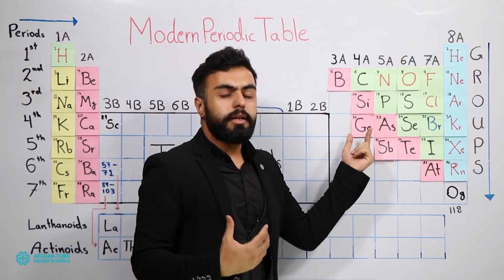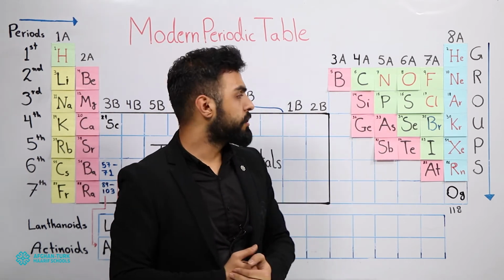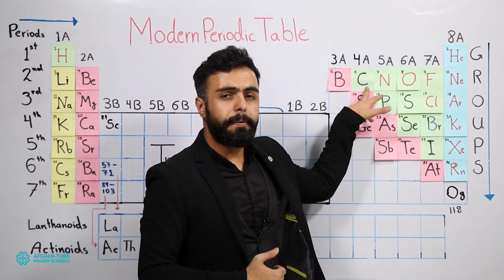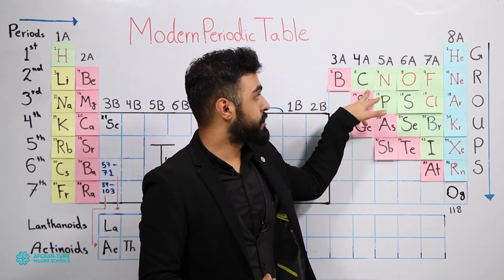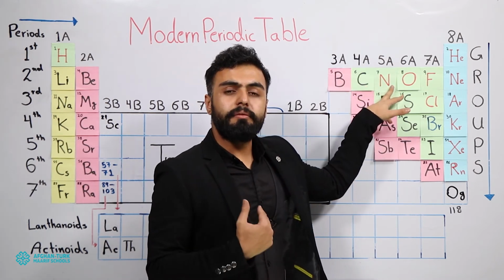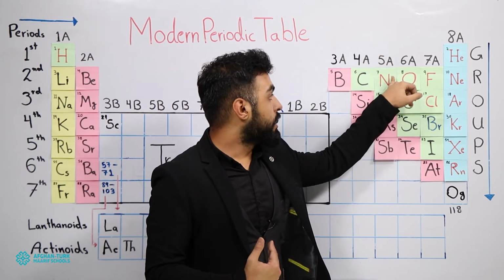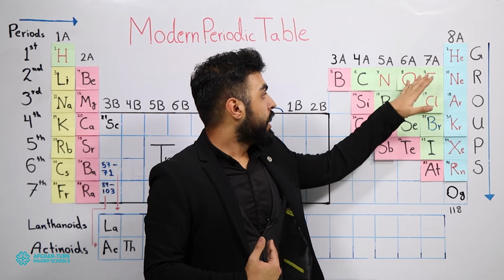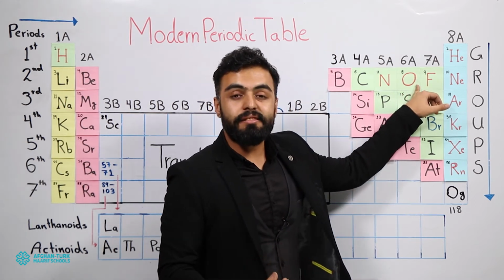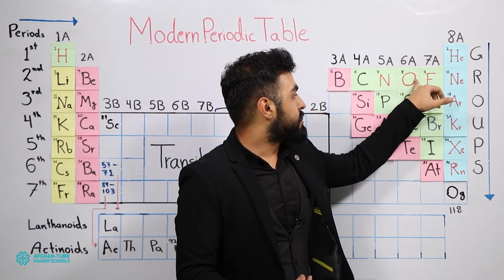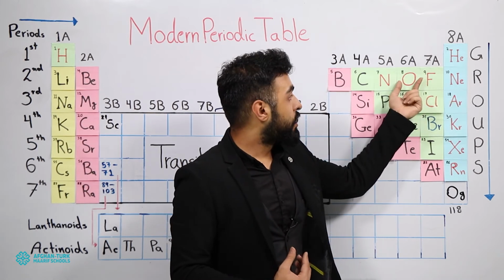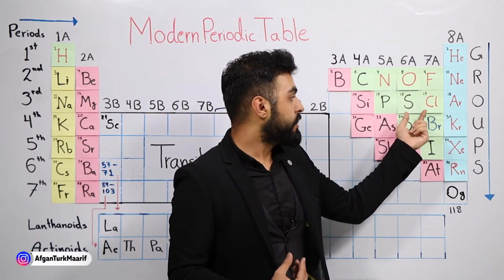The fourth group is also called the family of carbon, because it starts with carbon. The fifth one is the family of nitrogen because it starts with nitrogen. The famous elements are nitrogen and phosphorus. The sixth one is the family of oxygen, and the most important elements are oxygen and sulfur.